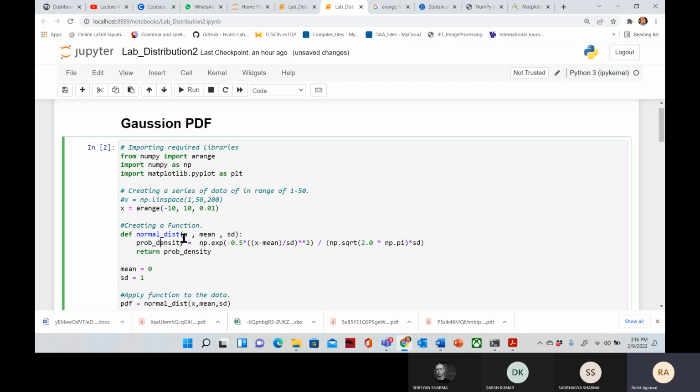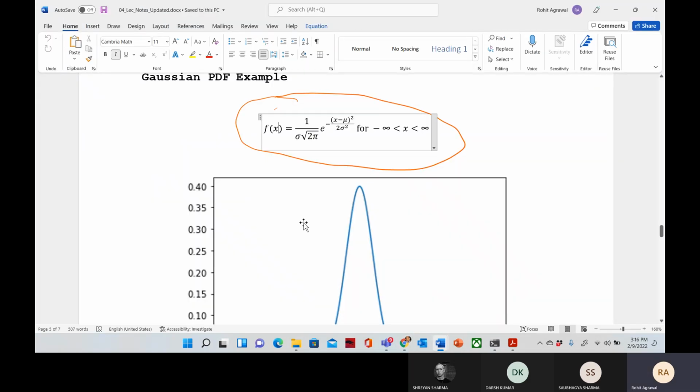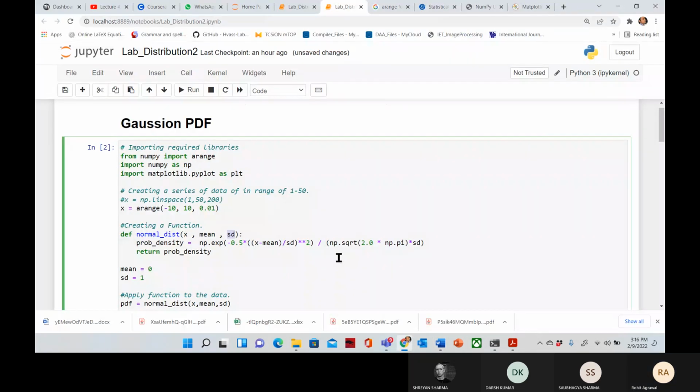In this function we have the x value, the mean value, and the standard deviation. And what was the formula? The formula is 1 upon sigma, that means standard deviation, square root of 2 pi in the denominator.